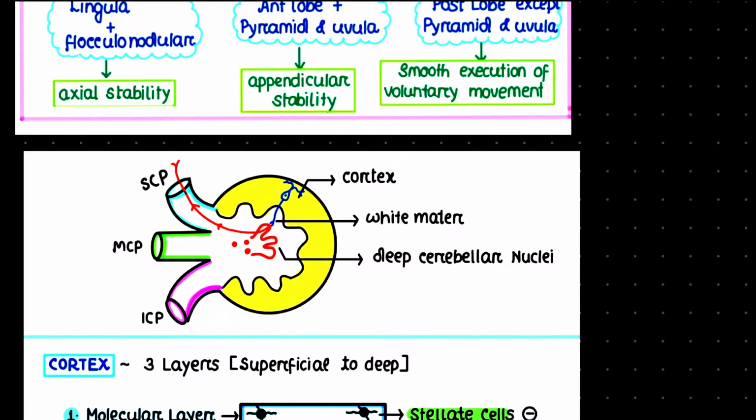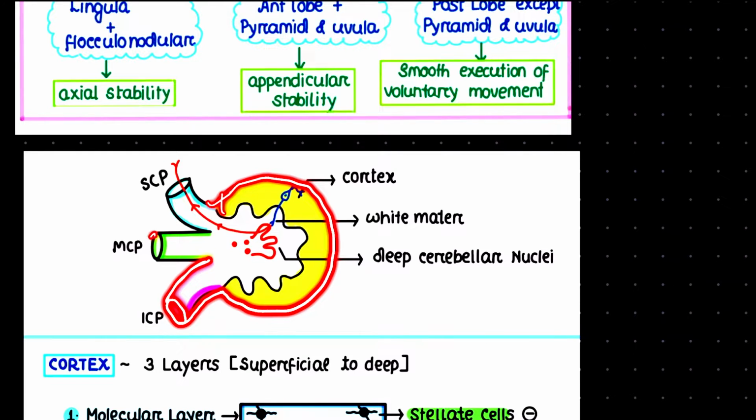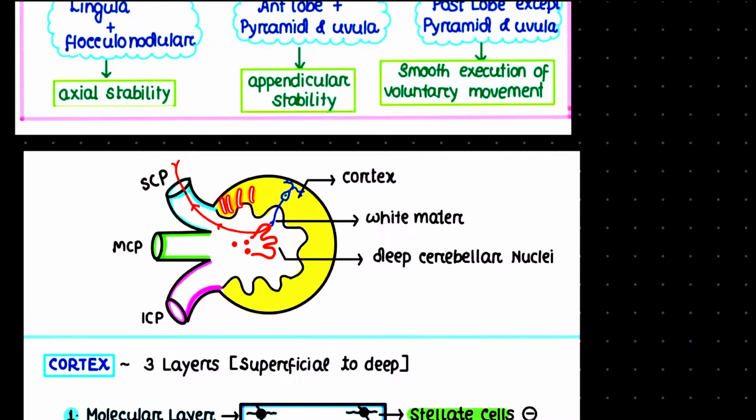In cerebellum, what we'll find is, okay, this is our cerebellum, and it is connected with our brainstem with the help of peduncles: the superior, middle, and inferior cerebellar peduncles. In the outer region of the cerebellum we'll find gray matter, and in the inner region we'll find white matter.